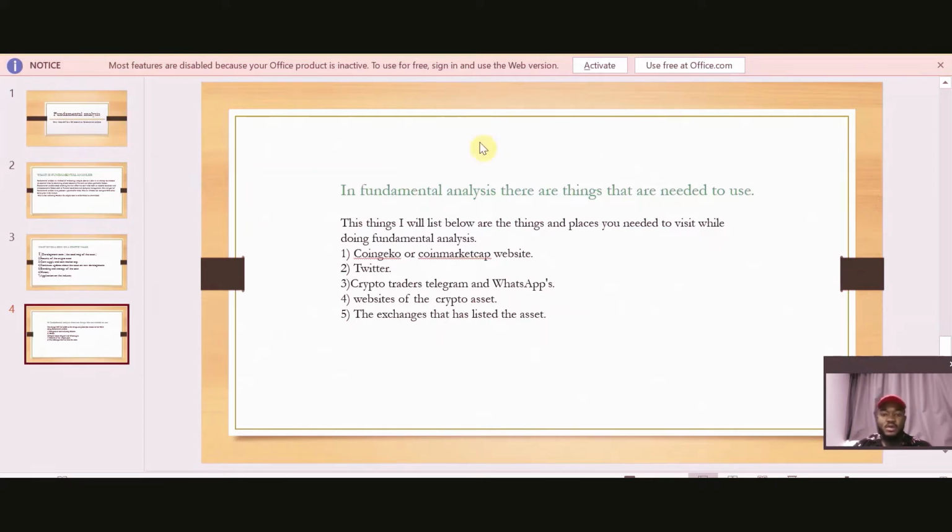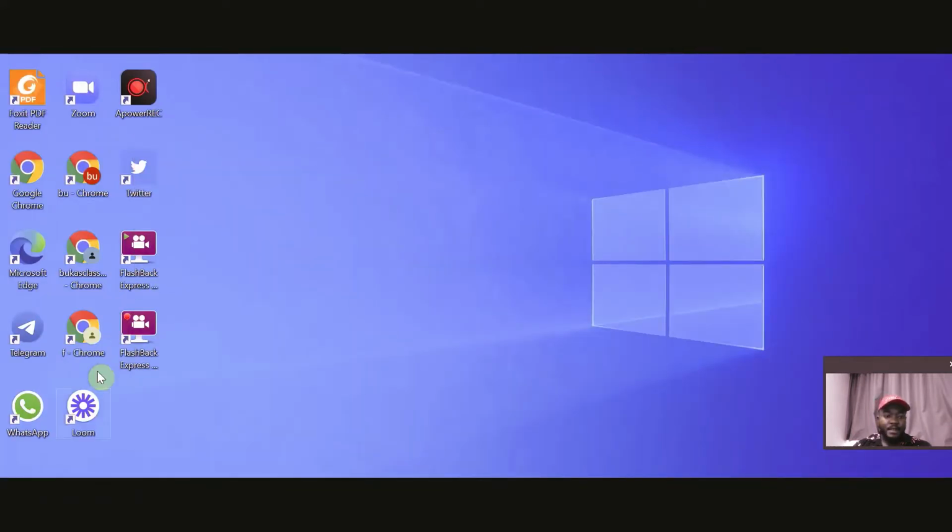So let's go on CoinGecko and I'll show you again how to use CoinGecko in making your fundamental analysis. So let's go.